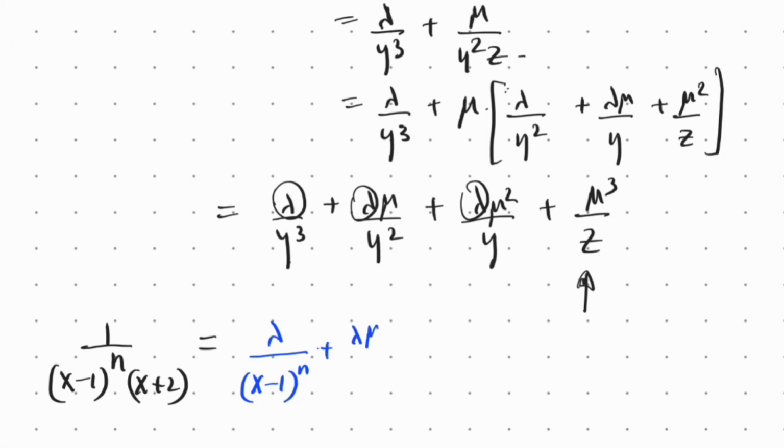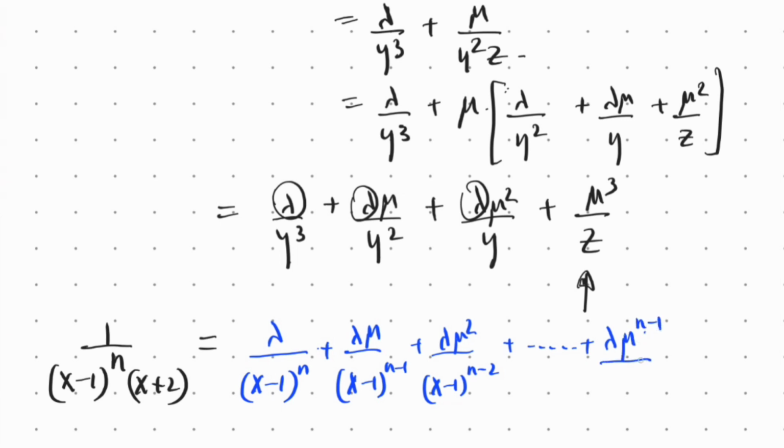And it's going to be a lambda mu, x minus 1, drop the power. It's going to be a lambda mu squared, drop the power further. There's no use doing it like this, it's too complex. But at the end, it's going to end up at a place where you have a lambda mu to the n minus 1 divided by just x minus 1.